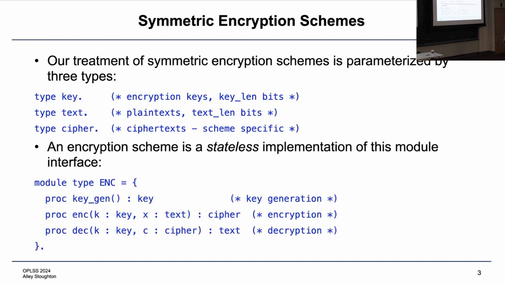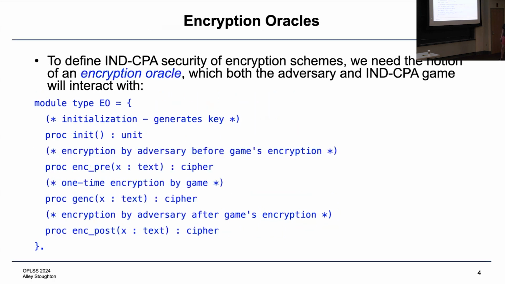An encryption scheme is an implementation of these 3 procedures. You can think methods, and it's supposed to be stateless, so not have any module level state: key generation, encryption using a key, and then decryption of a ciphertext using the same key. Those are supposed to cancel out.